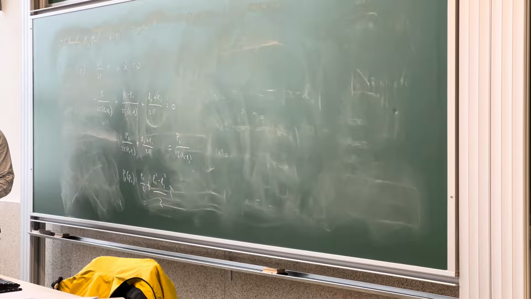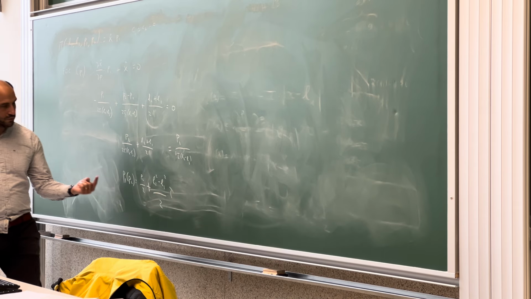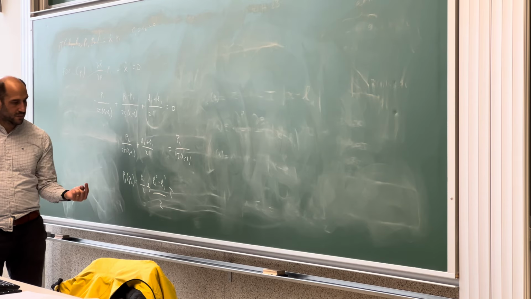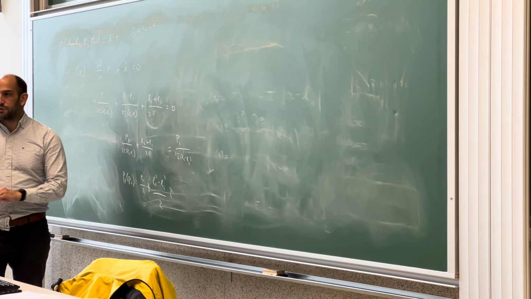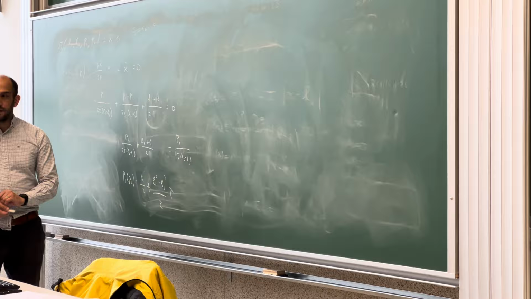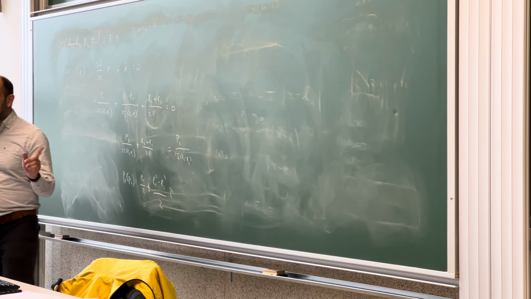Okay, so now this is the best response of firm 1 or firm 2. Now, since the firms are symmetric, I could calculate a symmetric Nash equilibrium for the pricing game.